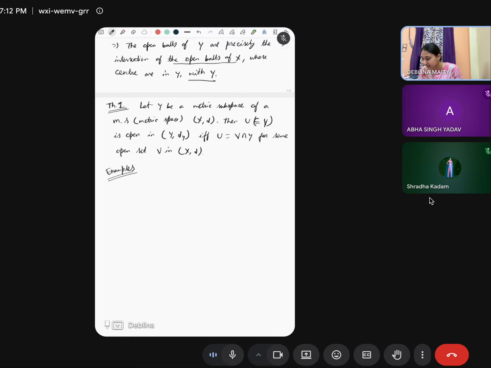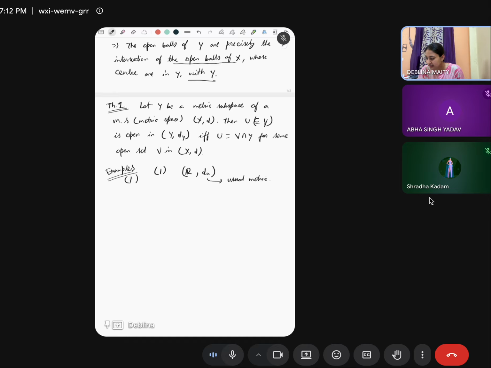Okay, so let's see some examples to understand this. So (R, d_u), where d_u means the usual metric in R, that is the Euclidean metric, right?